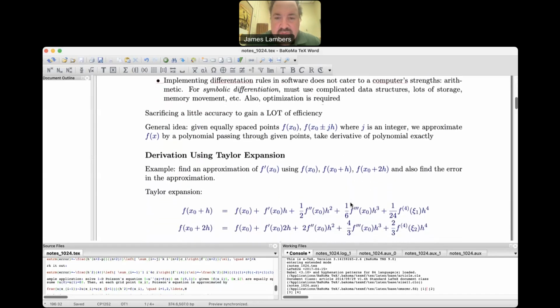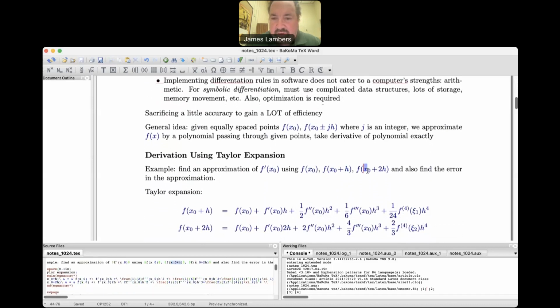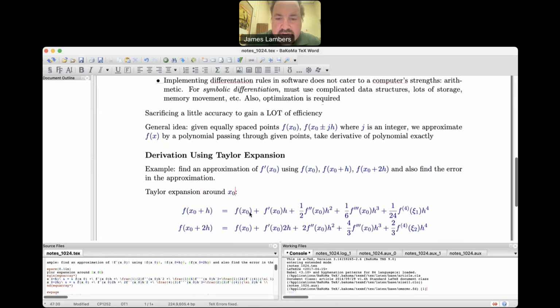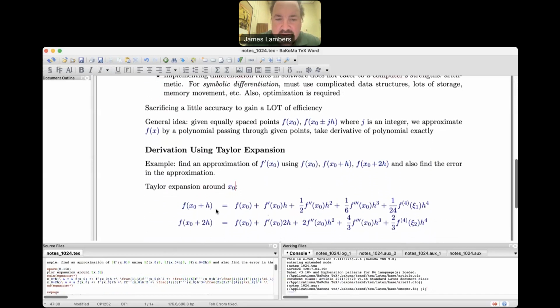So what you need to do is take Taylor expansions of f at these points, any points other than x naught itself, and you take the expansion, let me make this clear, around x naught. So x naught is the center of any Taylor expansions that you perform. So that's what we have here, expansions of f of x naught plus h and x naught plus 2h around x naught. And this is what we get.